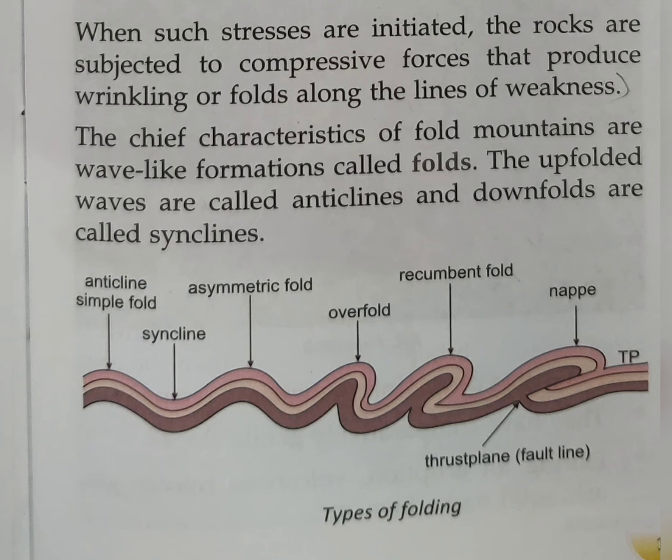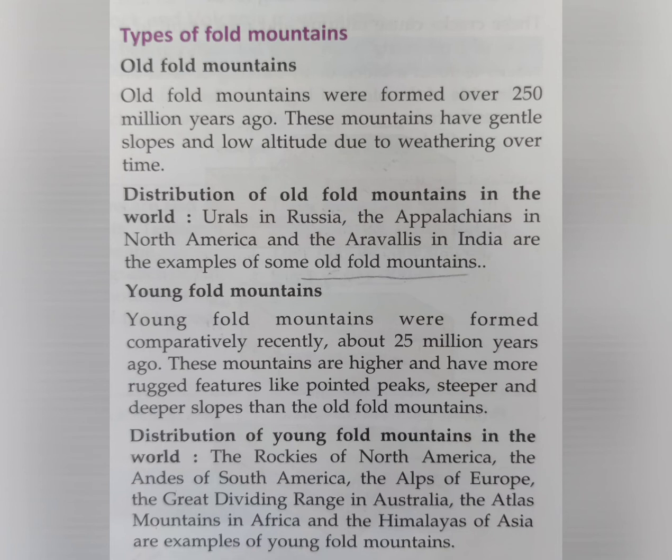So let's study the types of fold mountains. The first type is old fold mountains. The old fold mountains were formed over 250 million years ago. These mountains have gentle slopes and low altitude due to weathering over time. Next is the distribution of old fold mountains in the world.